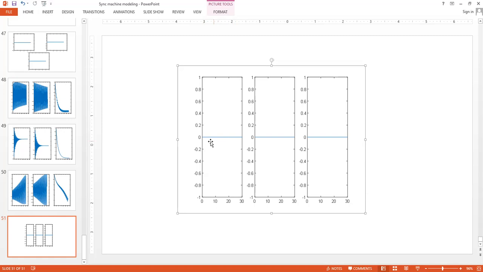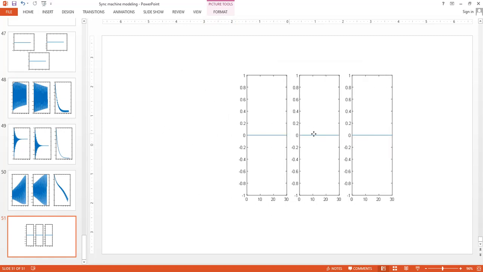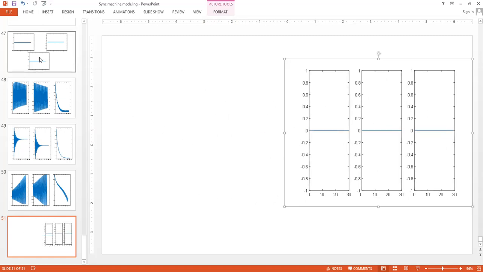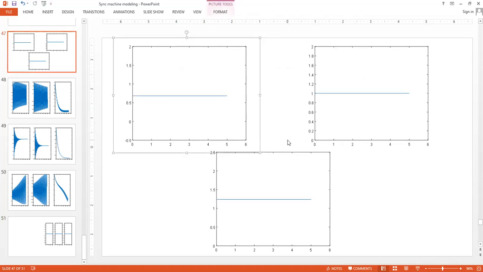If I want to compare it with the nonlinear model, if I bring the nonlinear response that is recorded here, you can see without the disturbance, this was the response for the nonlinear model, for the same system at the same operating point. Because it was the nonlinear model, the initial condition was non-zero. So initial condition delta naught was some non-zero value.